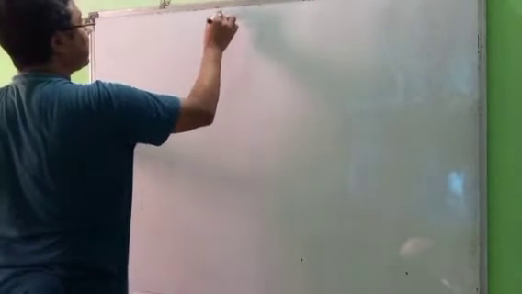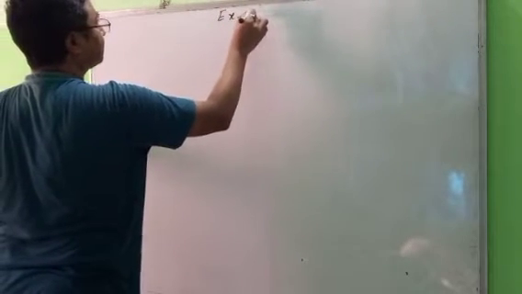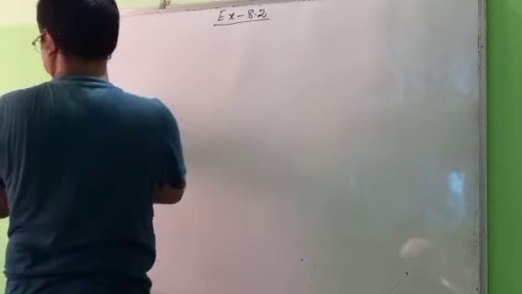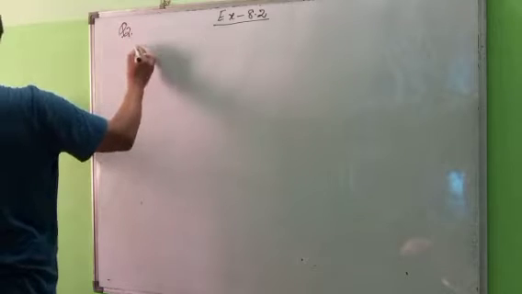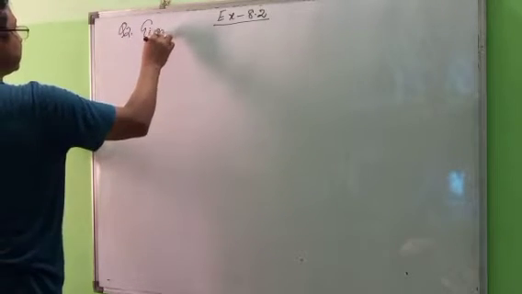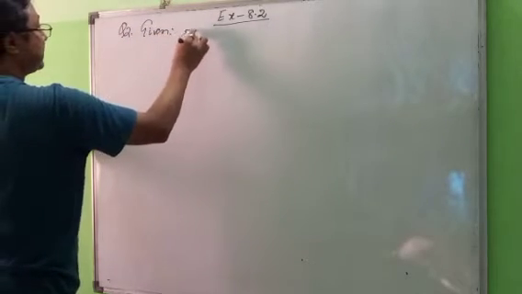Let us take exercise 8.2, question number 2. It is given that ABCD is a rhombus.